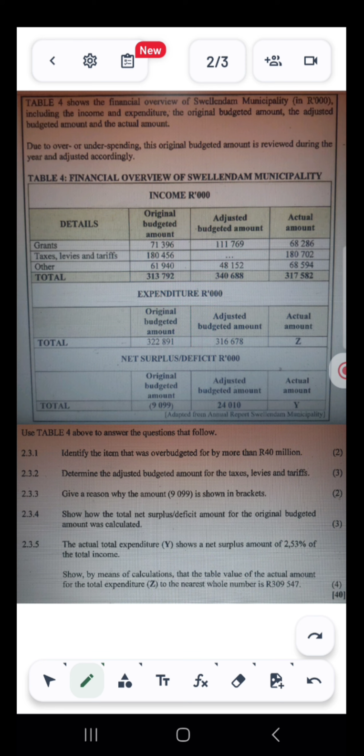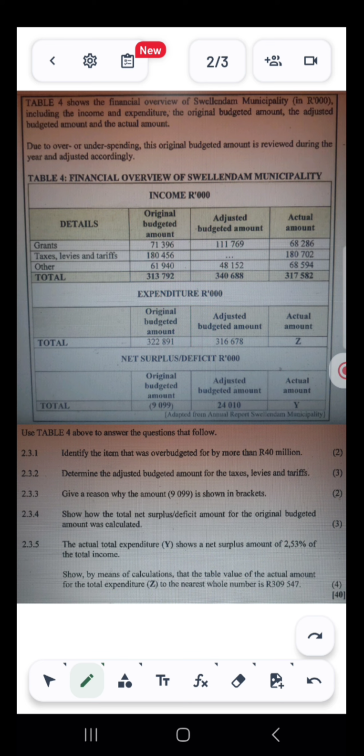So they are giving you another piece of information, because with a municipality there can be overspending or underspending. Because of that, they adjust the budget during the year. So you will find a column labelled adjusted budget.